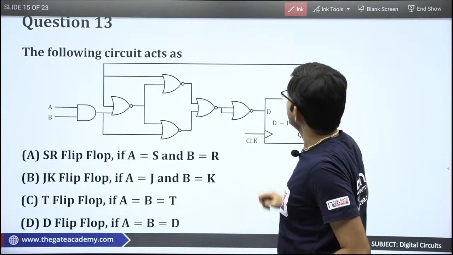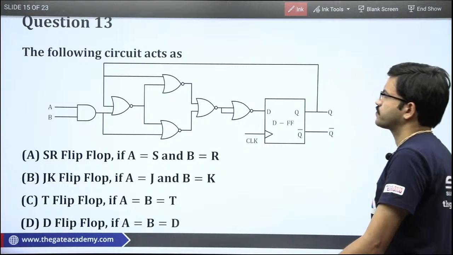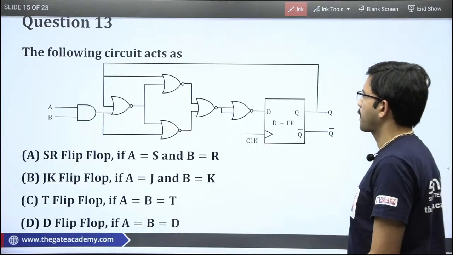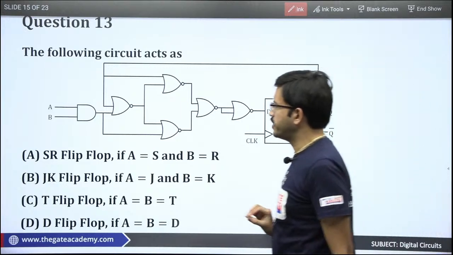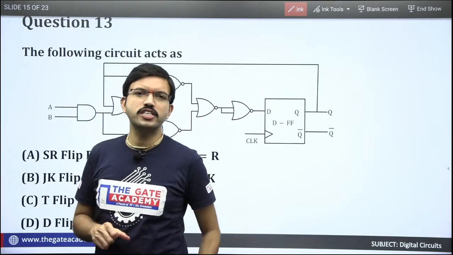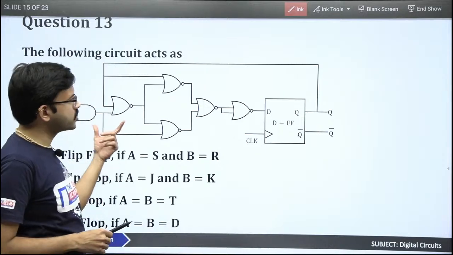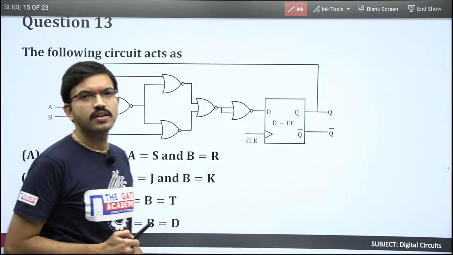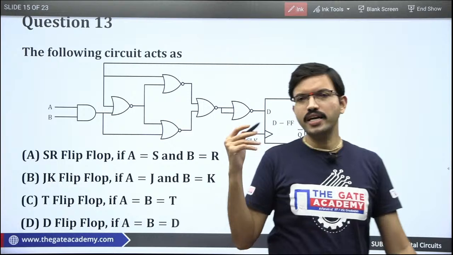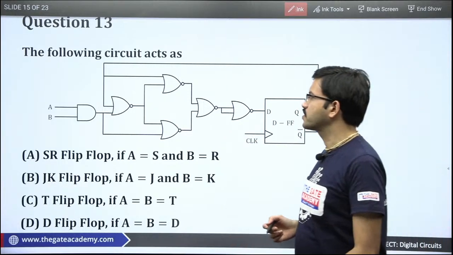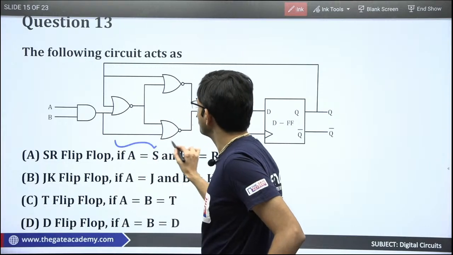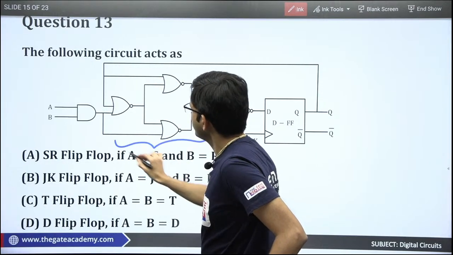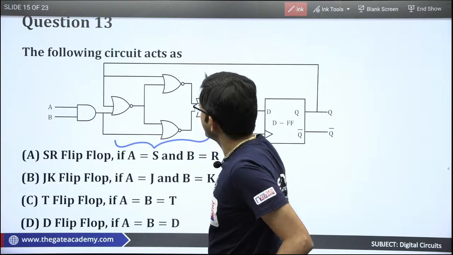Yeah, this is the question related to flip-flops. It seems to be complicated, but if you carefully observe the circuit diagram, you can solve this question just like that. Just recollect regarding logic gates. If you are able to identify this circuit, just identify. Can you give the name of this particular circuit?